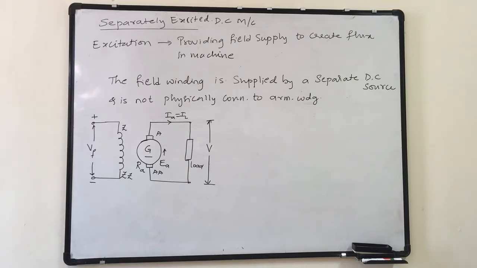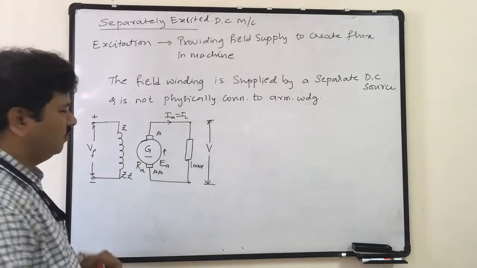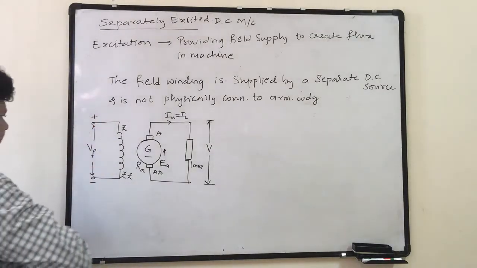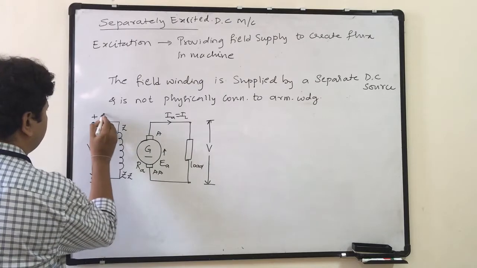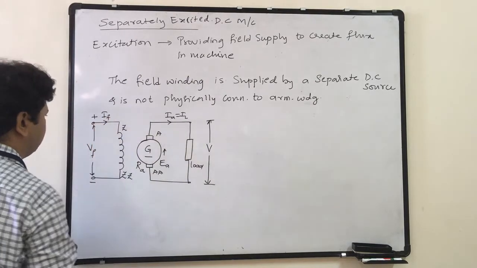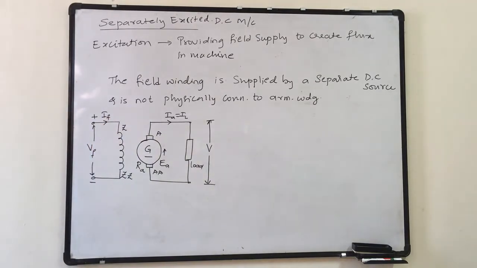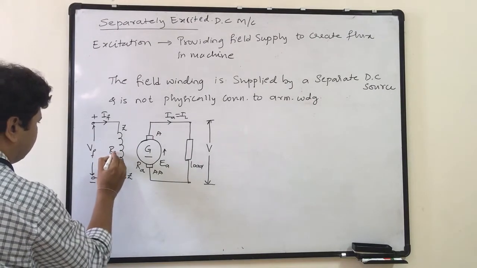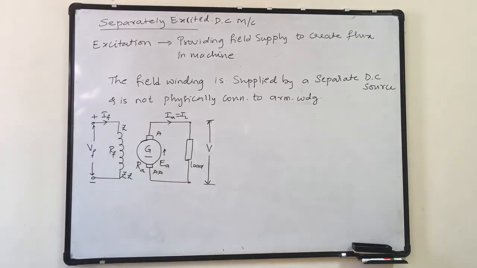So this is a separately excited DC machine where the field winding is supplied separately by IF, from a different source. It has a resistance of RF.